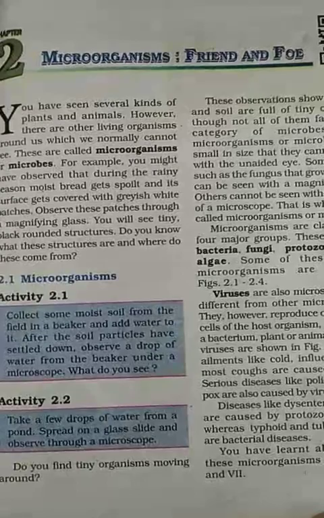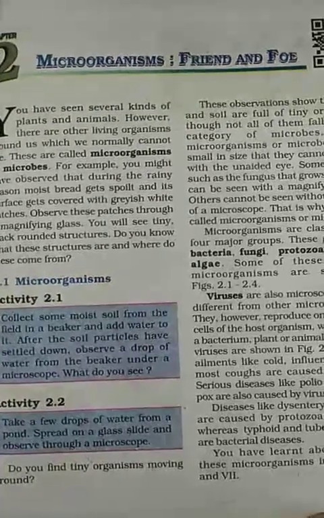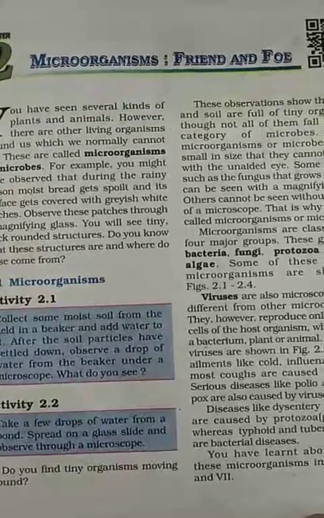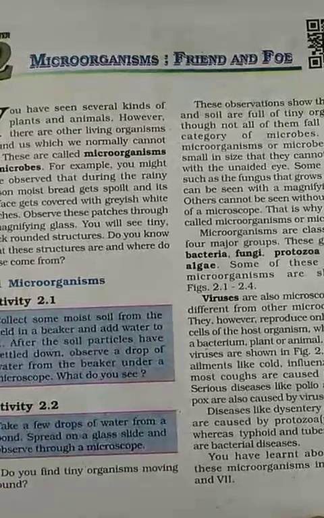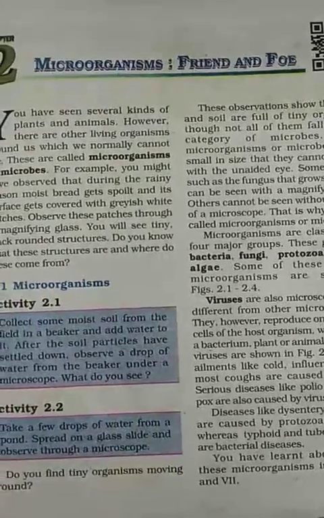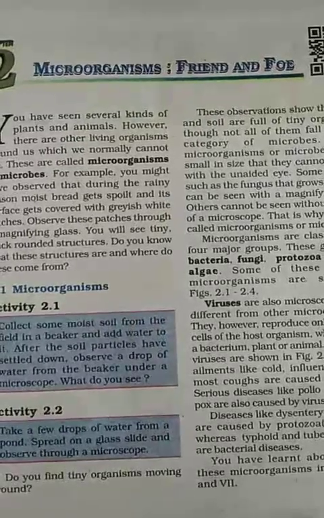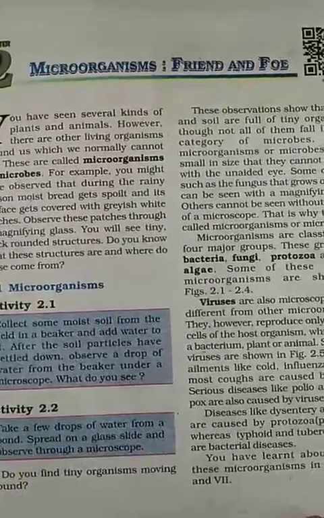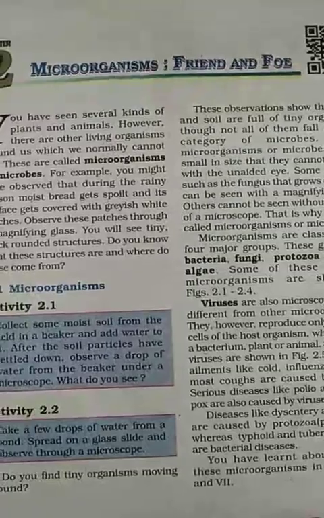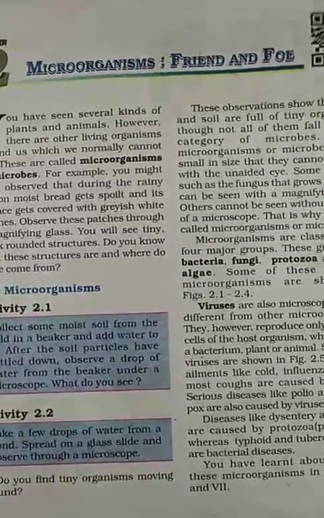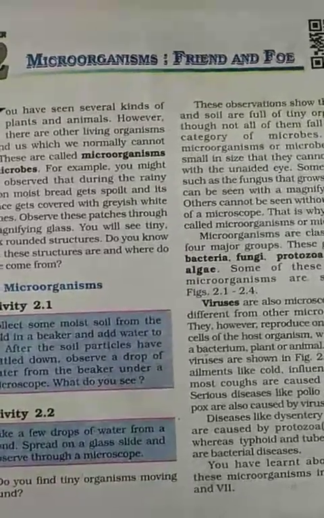If we observe these patches through a magnifying glass, we'll see tiny black rounded structures, and these structures are known as fungi. So where does this come from? This comes from our surroundings.